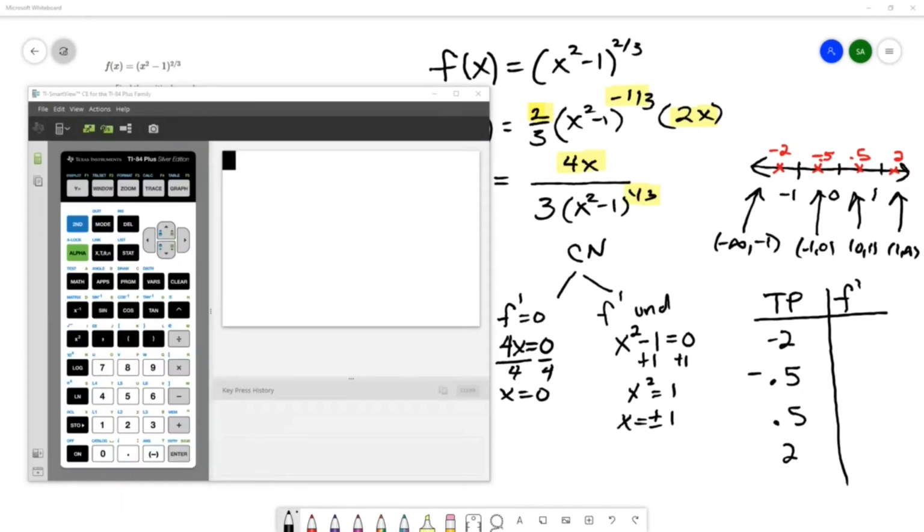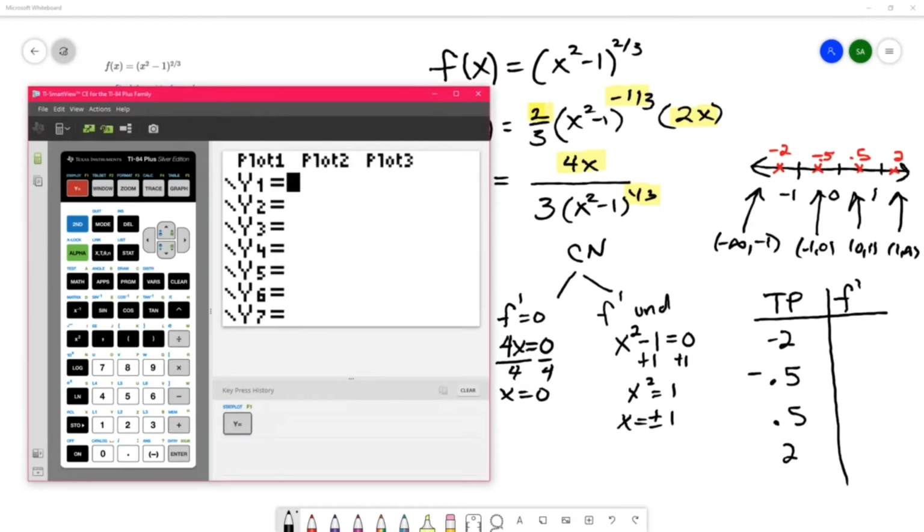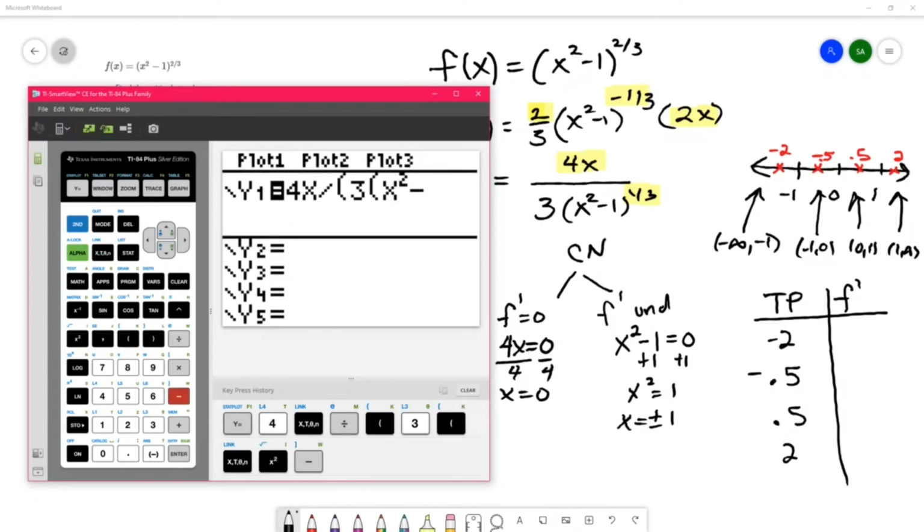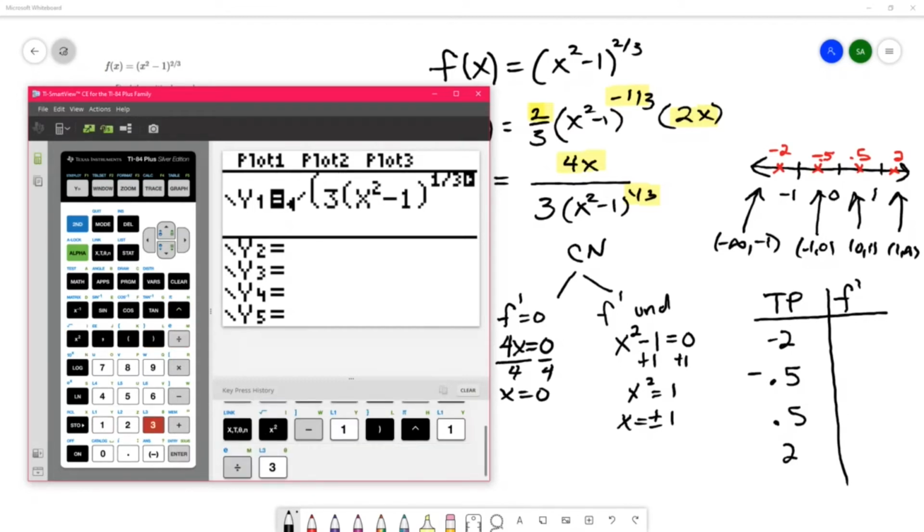So in the y equals menu, I'm going to type the derivative: 4x over, with parentheses around the whole denominator, 3 times x squared minus 1, raised to the 1/3 power, and I'm going to close the parentheses for the denominator.